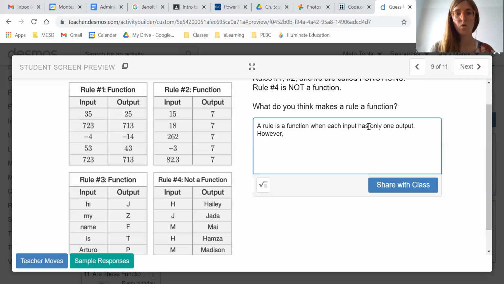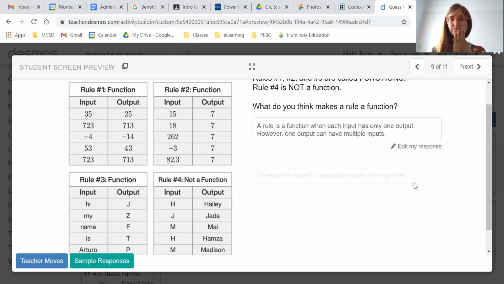However, one output can have multiple inputs. We'll get more into this in chapter 4. So this is really just an introduction into this.